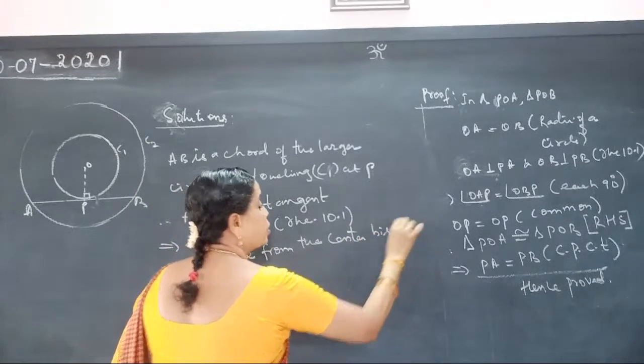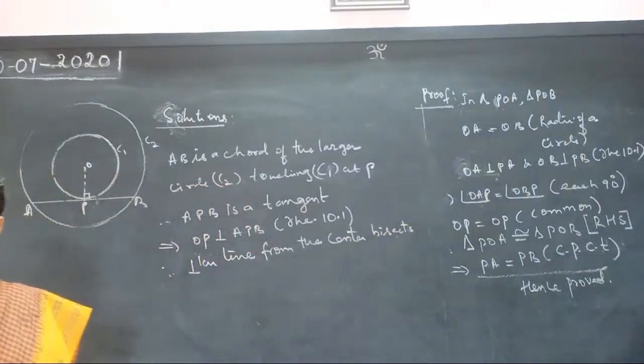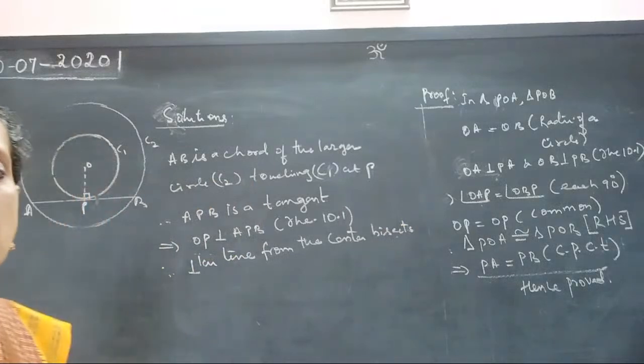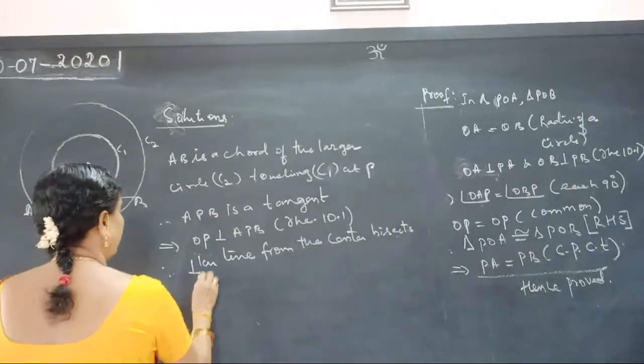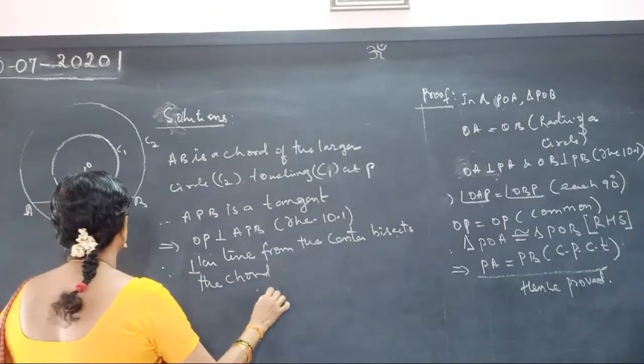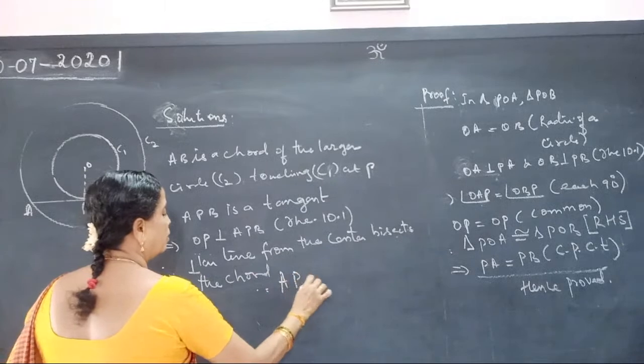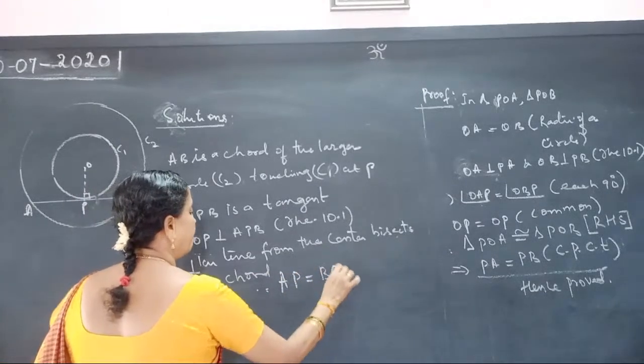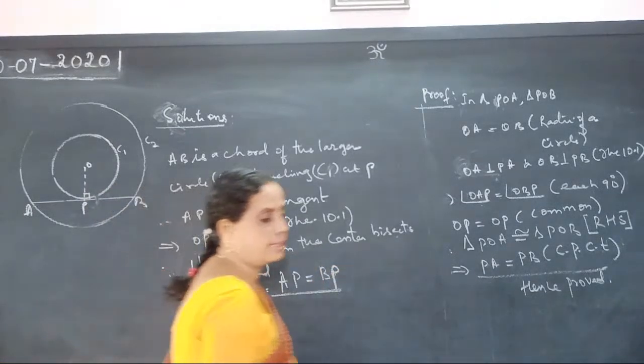This is a 9th standard property. Therefore, AP equals BP. Hence, it is bisected.